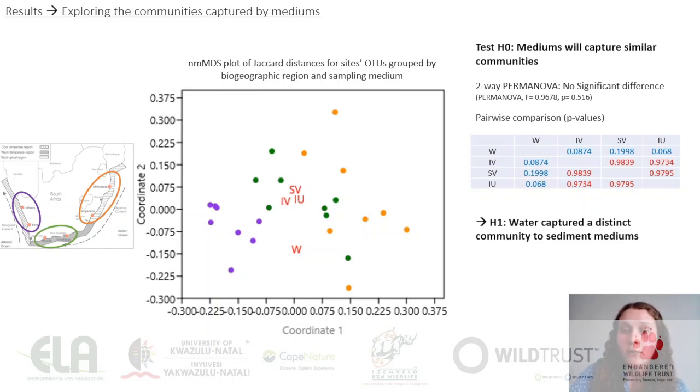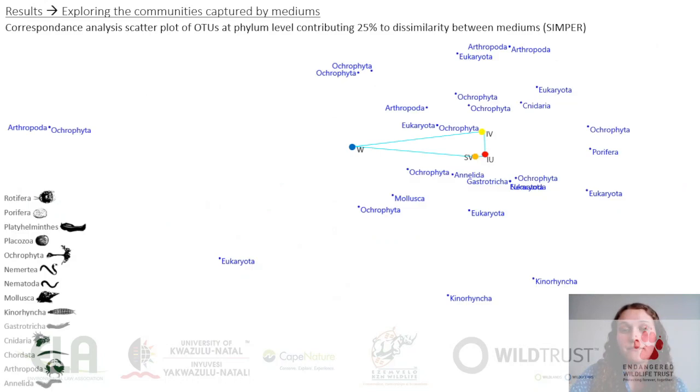But now we ask the question, what are the OTUs or the taxa responsible for the dissimilarity between the mediums? To answer that, here's a correspondence analysis scatter plot of the OTUs at phylum level that contributed to a quarter of the dissimilarity between mediums. So here are the sediment samples and here are the water samples. And we can note two things.